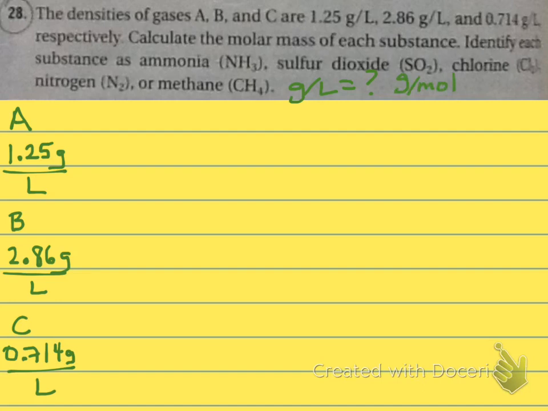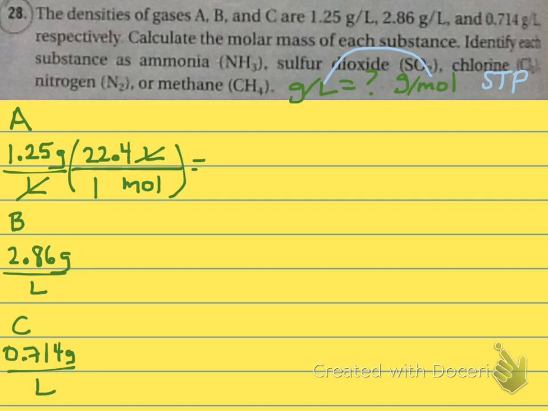So, only thing I need to change is liters to moles, and I have a tool that has liters and moles in it. To use it, I have to be at STP, so I'm just going to say it's STP. So I'm changing liters to moles. So liters need to go on the top, so they'll cross off. Moles go on the bottom. 1 mole is 22.4 liters.